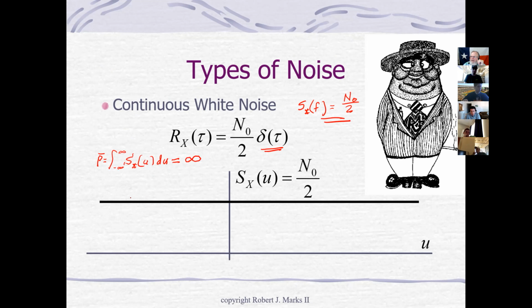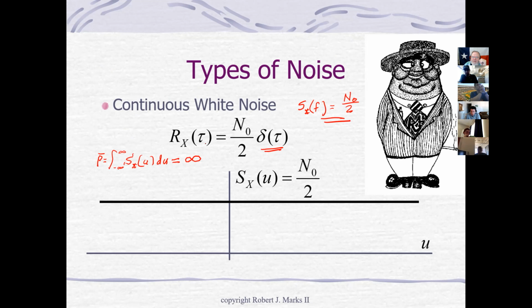To generate white noise requires infinite power. Why do we use it? Infinite power doesn't exist, right? David Hilbert says infinity is nowhere manifest in our universe. Everything in our universe is finite. There's conceptual infinity, but there isn't actual true infinity. Well, we use it because it gives us a lot of analytic mileage.